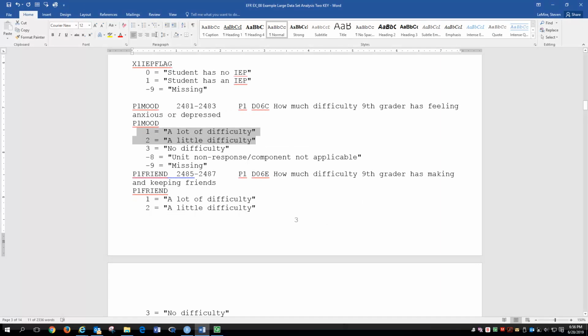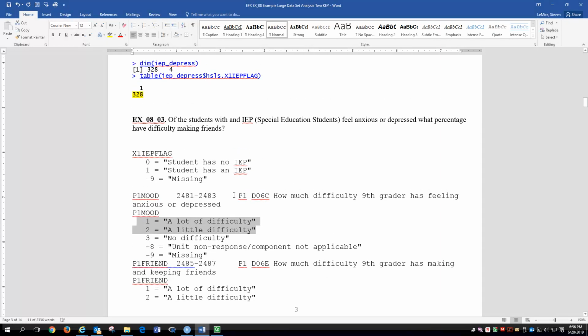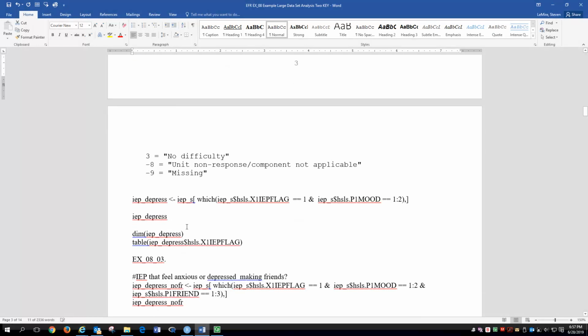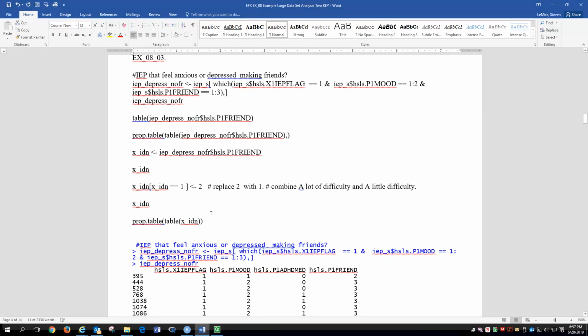And making friends, what percentage have difficulty making friends? So here's my a lot of difficulty, a little difficulty, and no difficulty. So I'm first going to get the students here.